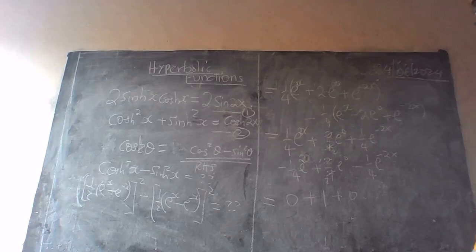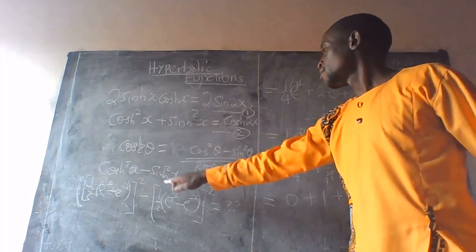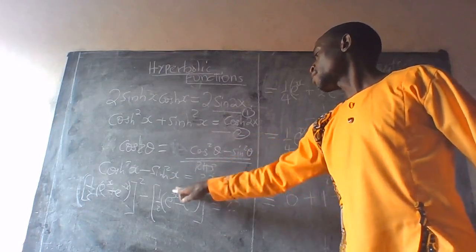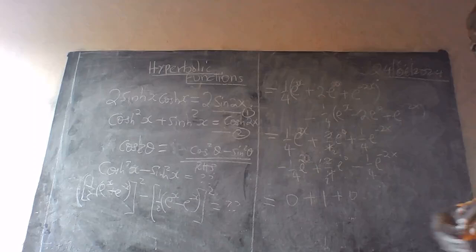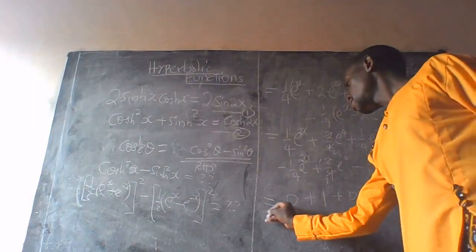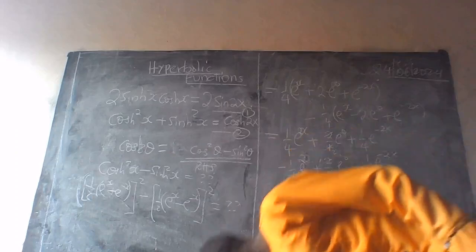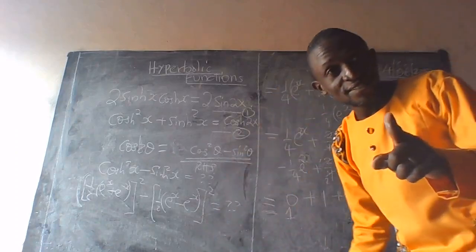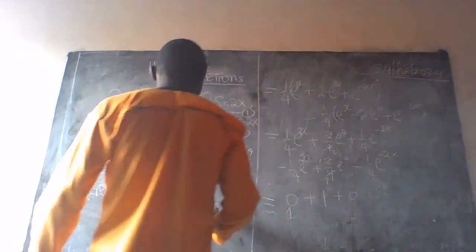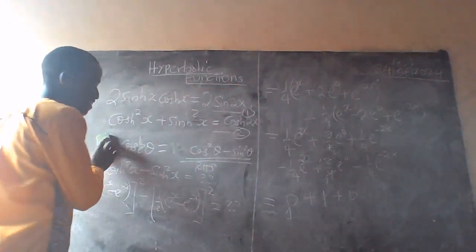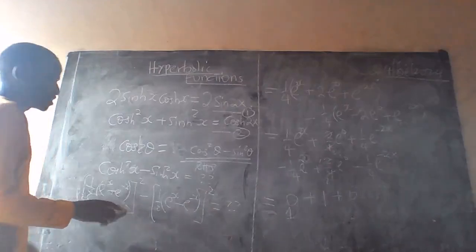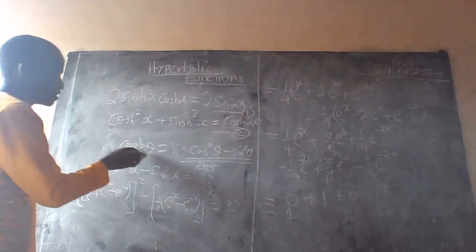So the right-hand side has come to 1. So that gives us our third hyperbolic identity. Identity number 3 comes to us. So you see the right-hand side is equal to 1.